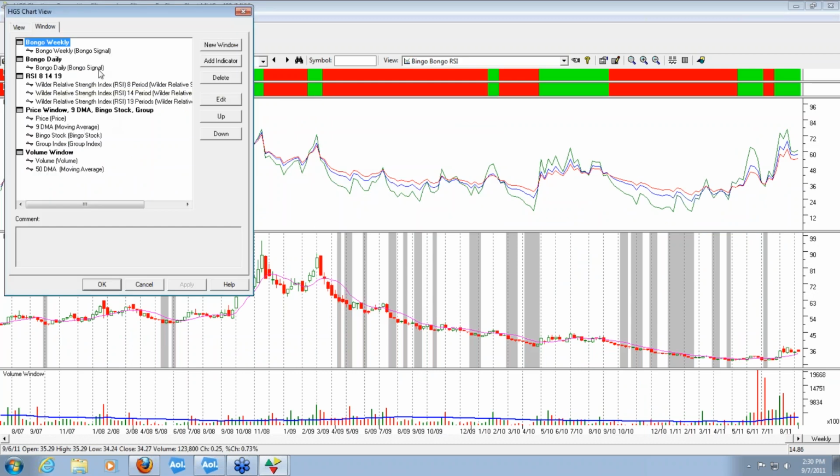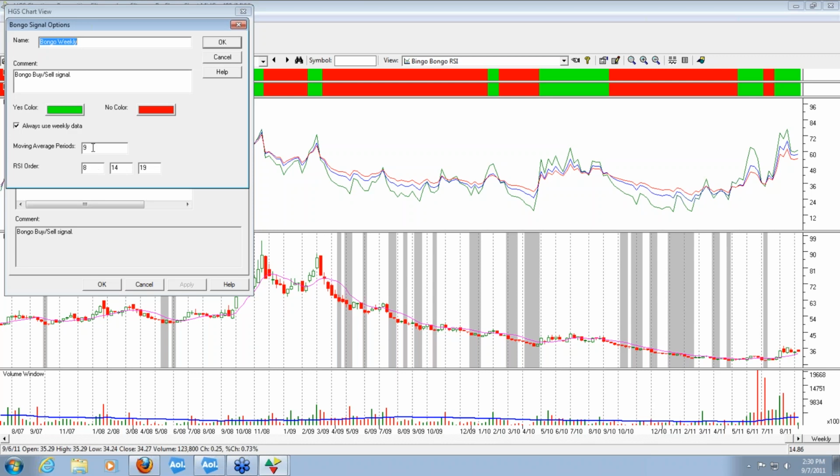I use the default values you find in HGSI, and they're default because those are the values that the Bongo test group found worked the best. A 9-period moving average with the RSI in the order of 8, 14, and 19. Just use the default values.